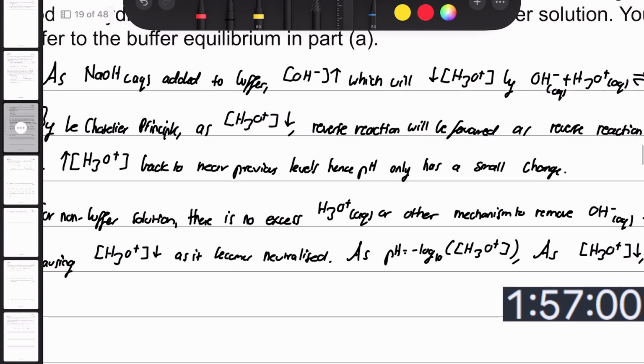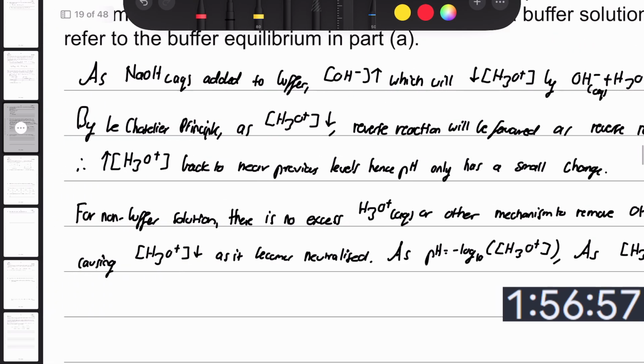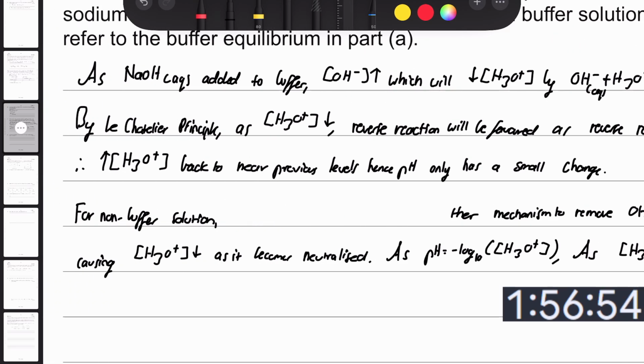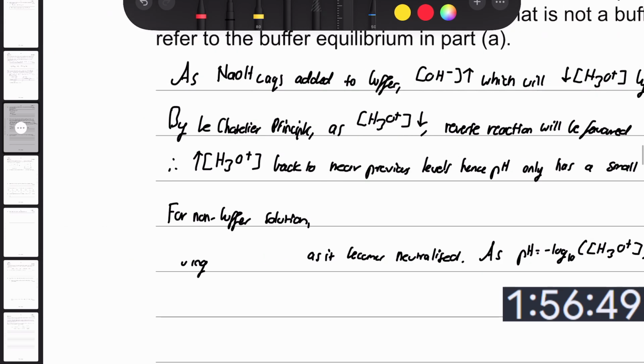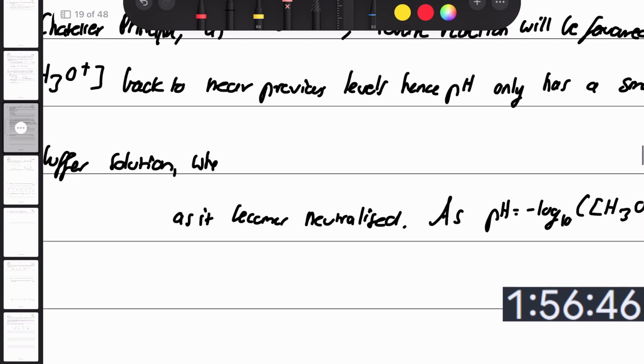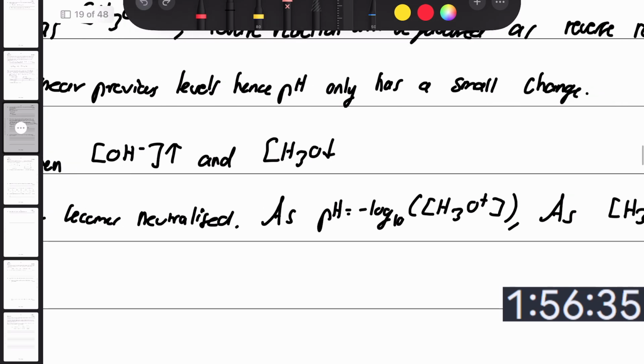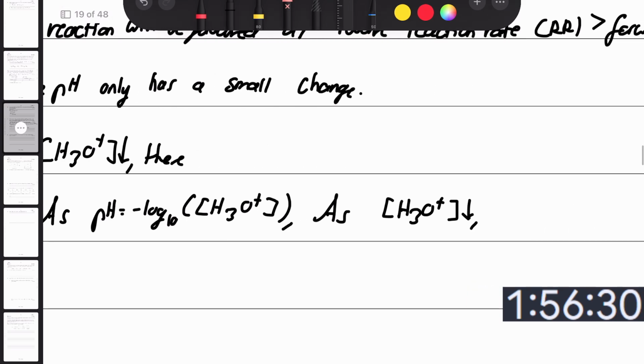Oh, maybe here I'll say there is no mechanism to replace H3O plus. OH minus increase and H3O plus. There is no mechanism to replace the H3O plus.